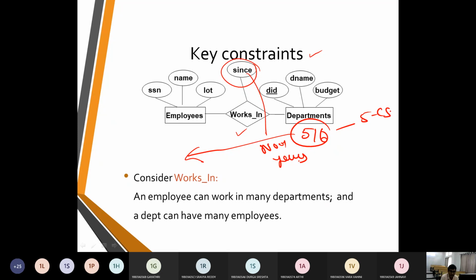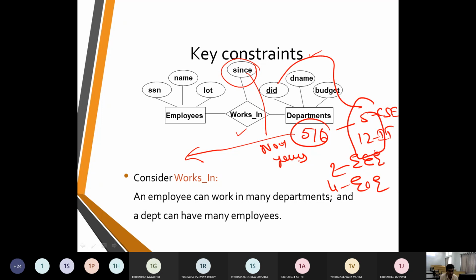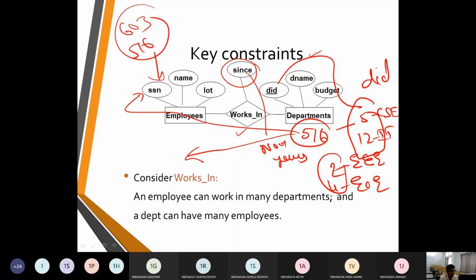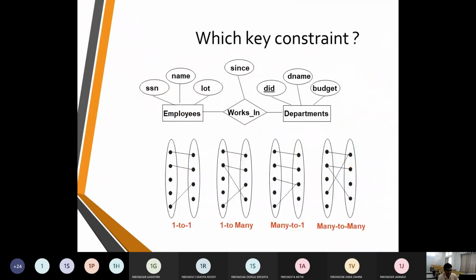So 5 is a CSC department, 12 is an IT department, 2 is another department, 4 is a CSC. We call these items 5, 12, 2, 4 department IDs. The 516, 603, all these items we call employee members, and we call them SSN.